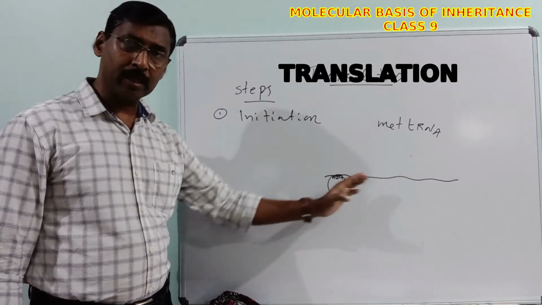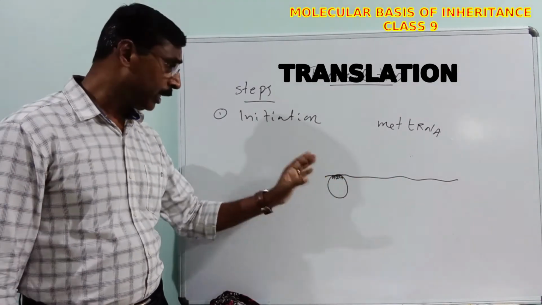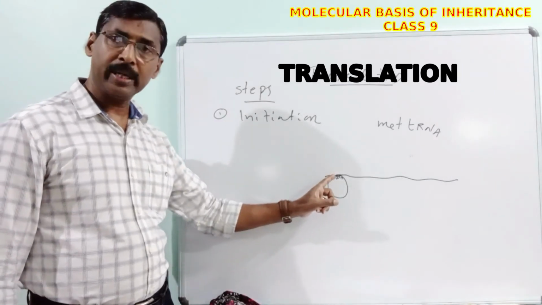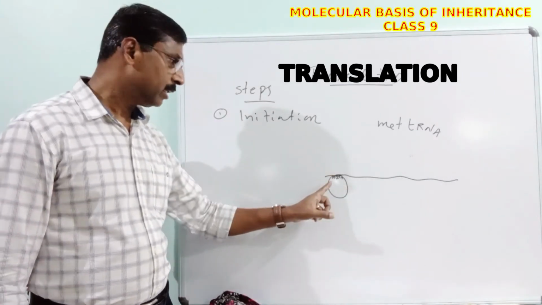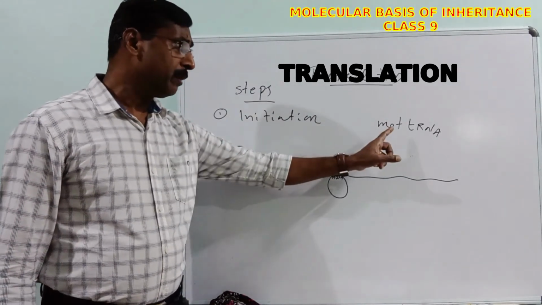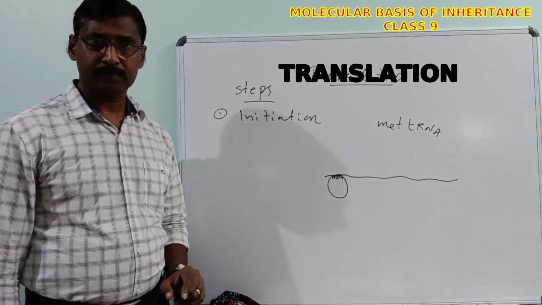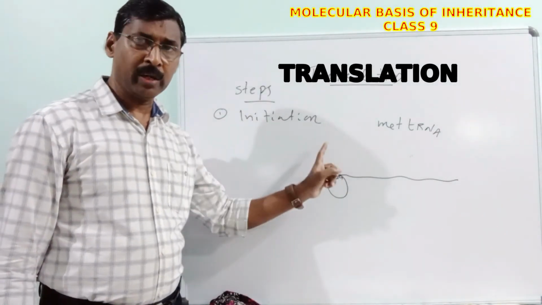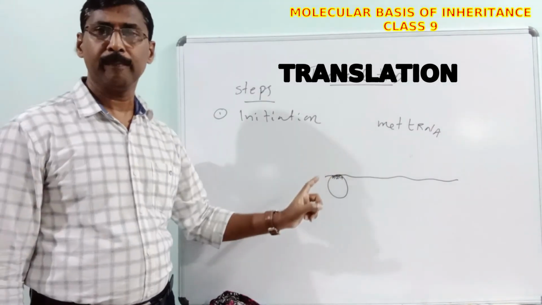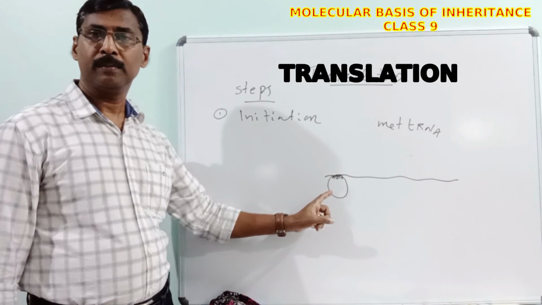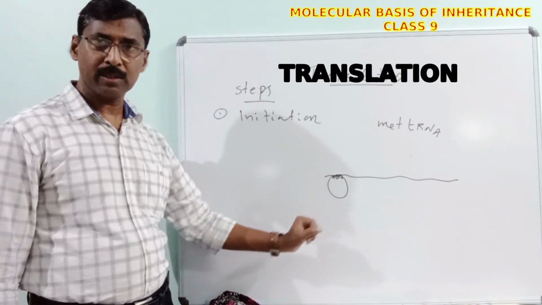The ribosome can recognize the AUG site, and the smaller subunit gets attached with the mRNA at the initiator codon. Now a transfer RNA carrying methionine comes to the site of protein synthesis.